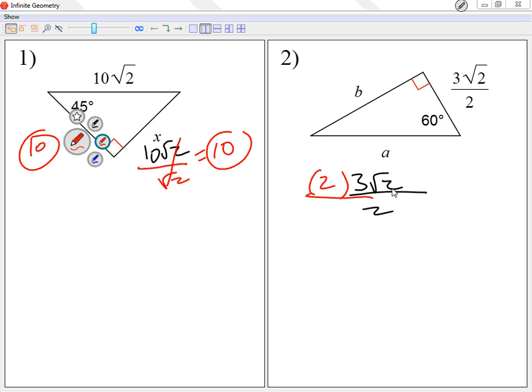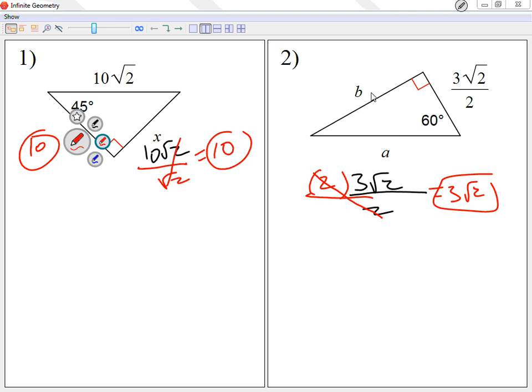Once again, I wrote down what I have and then figure what to do with it. I can multiply 2 times 3 and then divide it by 2, but instead, I'm going to cancel out my 2's to make it easier. So I'm going to call this 3 radical 2 for A.